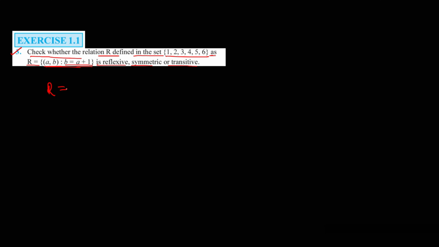We write the relation (A, B) such that B equal to A plus 1, and we are given that the set A is {1, 2, 3, 4, 5, 6}. We have to take A and B from the set A.